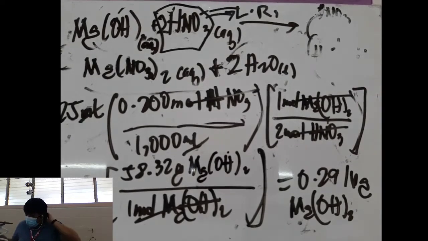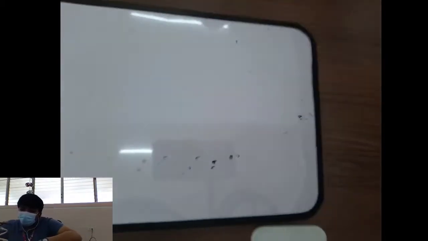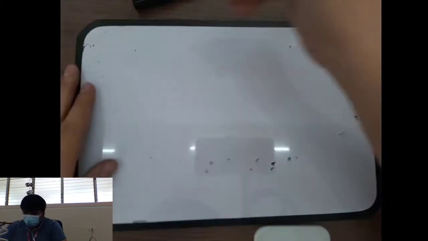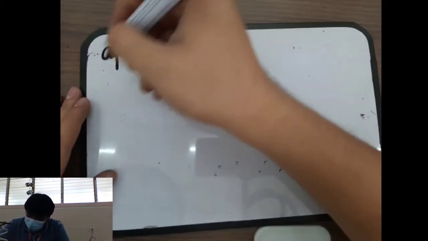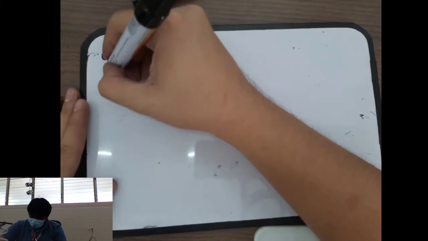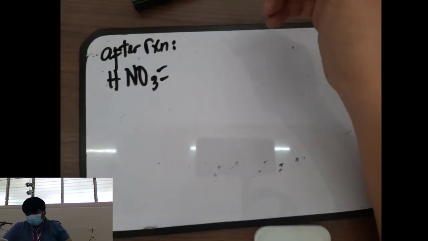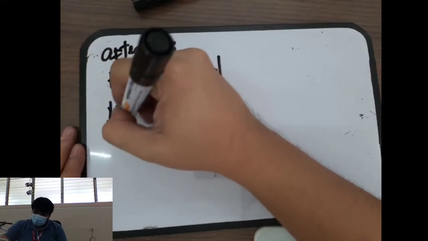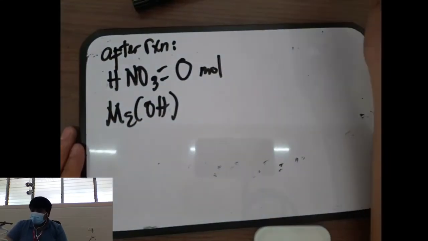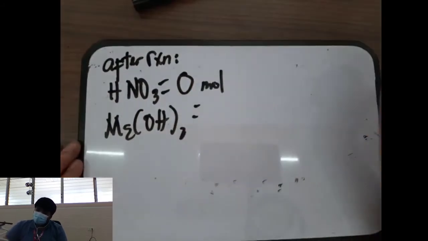Since we already know our limiting reagent, we can now determine the amount of reactants and products left after the reaction. Since nitric acid is the limiting reagent, there will be 0 moles of it left. Magnesium hydroxide will be our excess reagent.